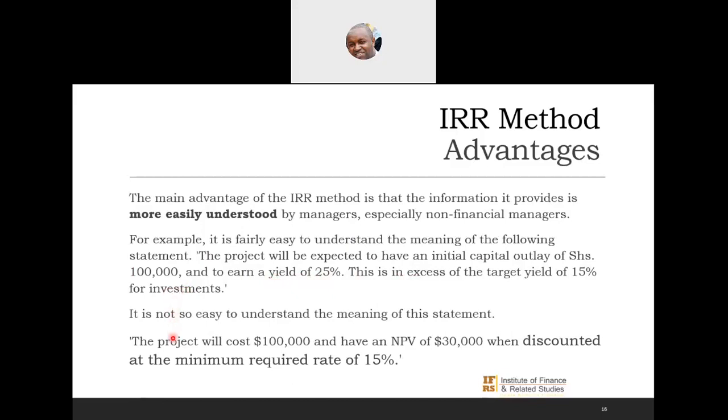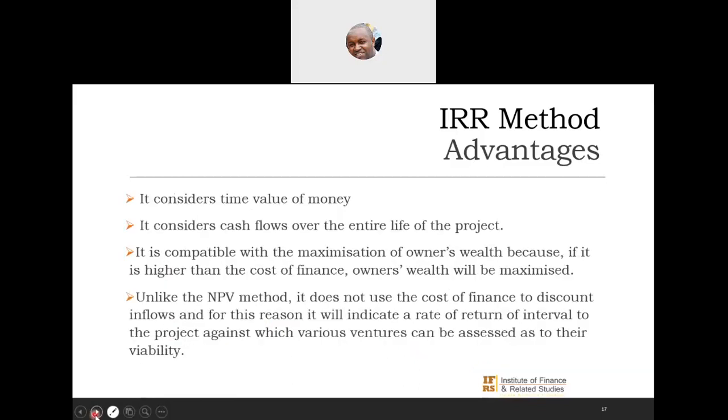However, we may not understand the following statement: the project will cost 100,000 shillings and has an NPV of 30,000 shillings when discounted with a minimum rate of 15%. So you notice IRR is easier to understand. Other major advantages are that it considers time value of money.